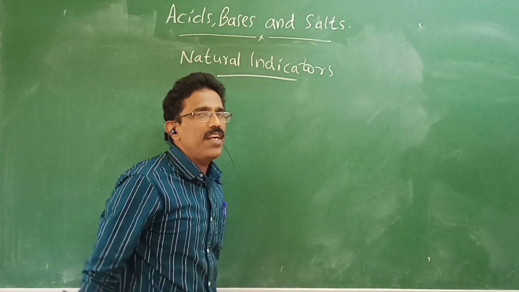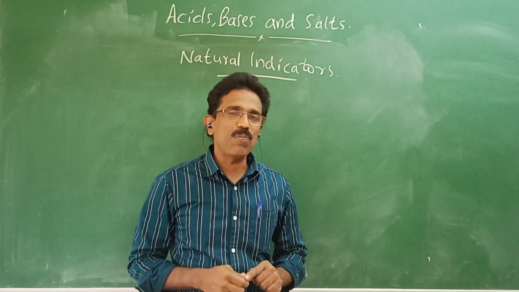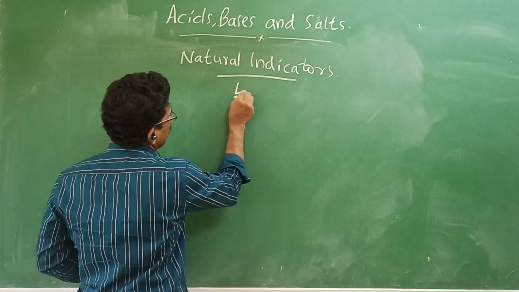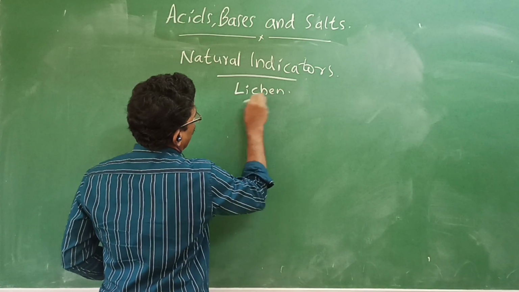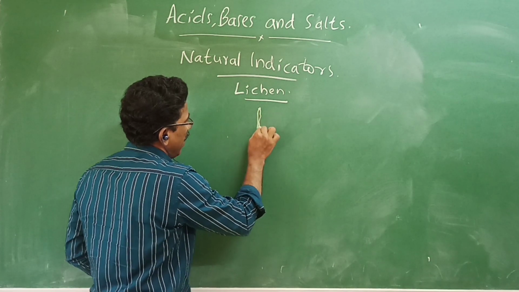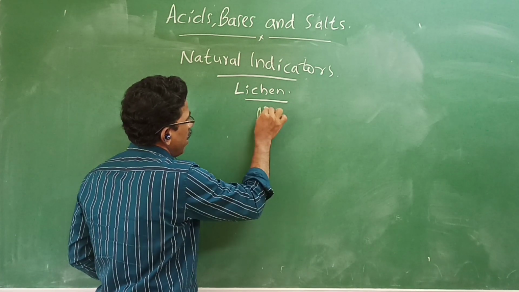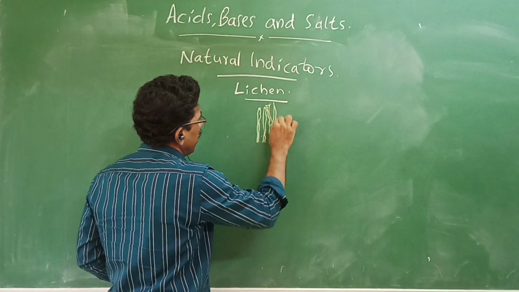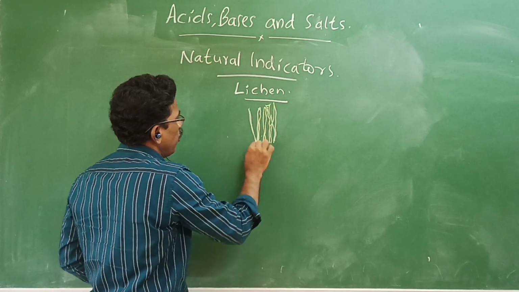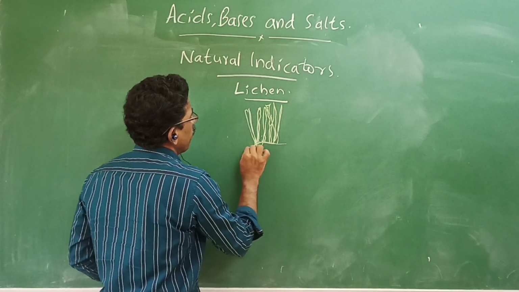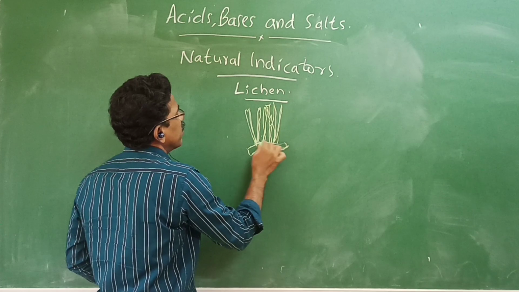So, natural indicators. In the first chapter we have studied lichen. Do you remember lichen? Yes, you may be remembering. Lichens are of different types, and one such lichen is seen in the forest. Tribal people collect lichen from the bark of trees.